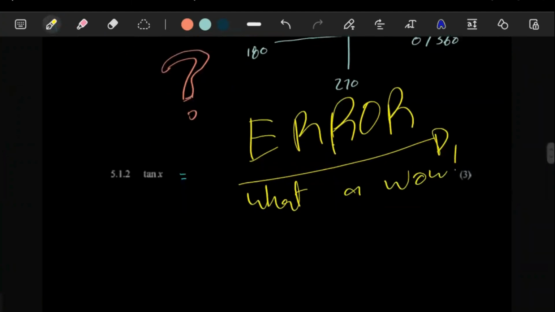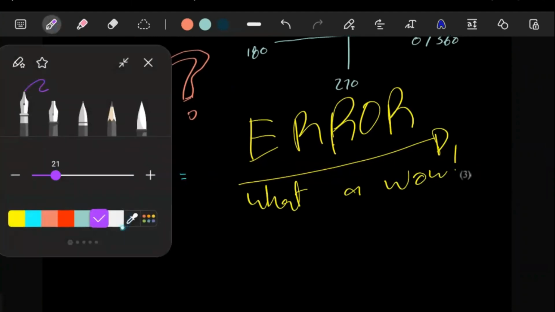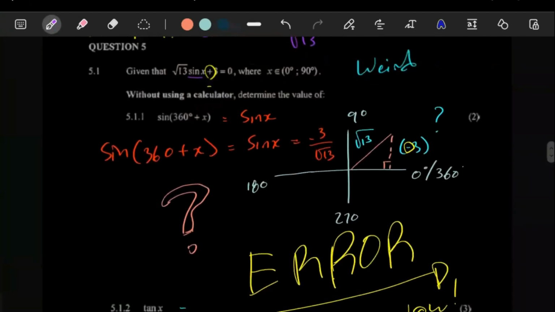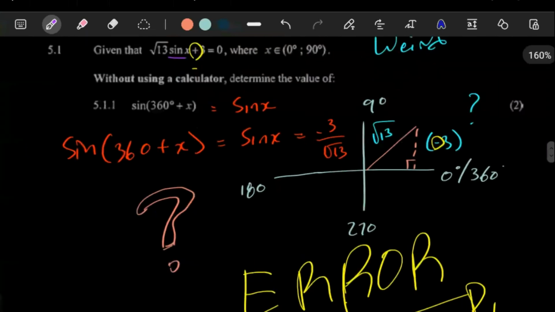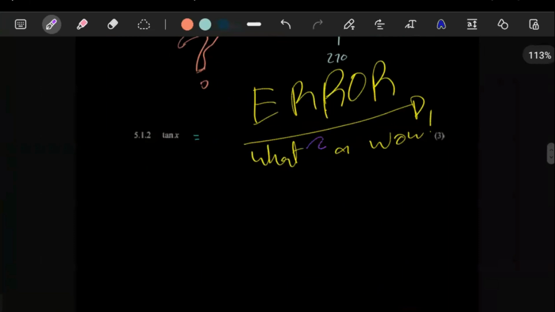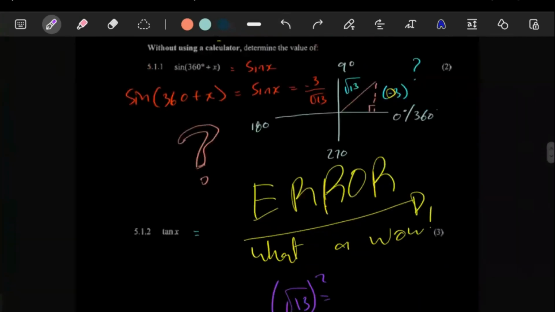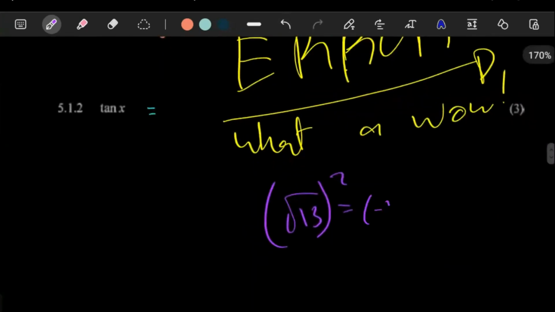Anyways, if we were to use these values just for the fun of it, it won't make any sense, but let's see. If you're going to get this value, you can use Pythagoras. Square root of 13 squared is equal to -3 squared plus x squared.